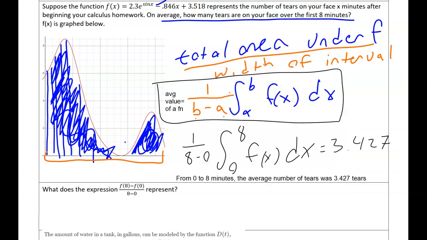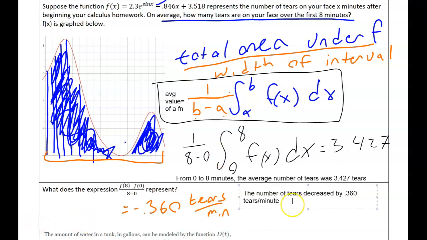And that gets me negative 0.360 for that expression. And we should know what this means already. It's negative 0.360 tears per minute. Our interpretation would be that the number of tears decreased by 0.360 tears per minute on average from t equals 0 minutes to t equals 8 minutes.